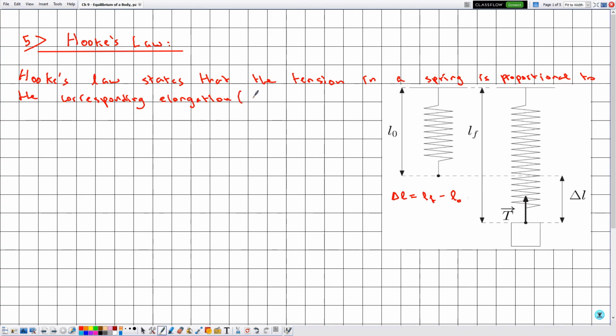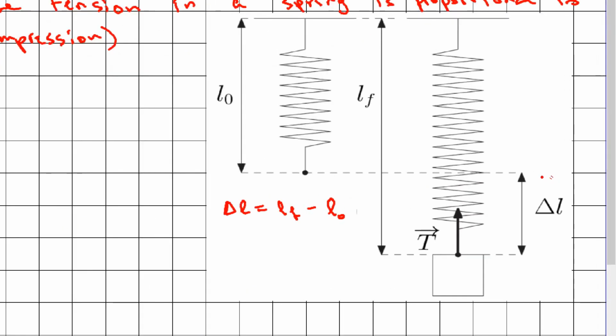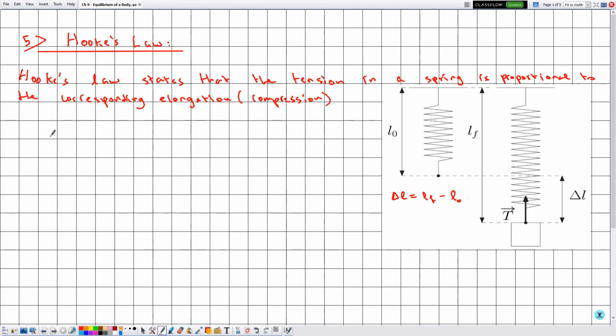So let me write between brackets compression. So in this case we are in the case of the elongation. Then let me write section 5.1. Elongation of a spring.